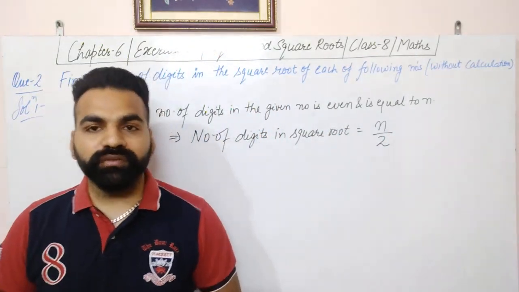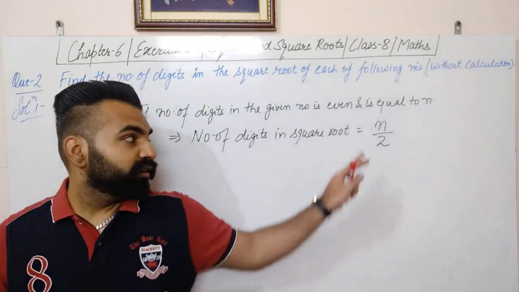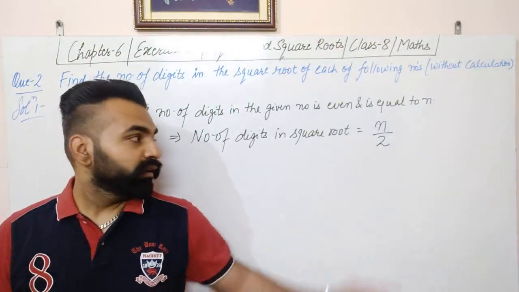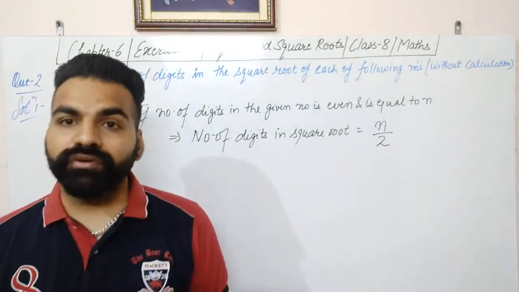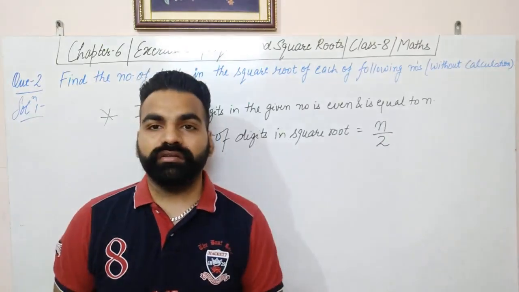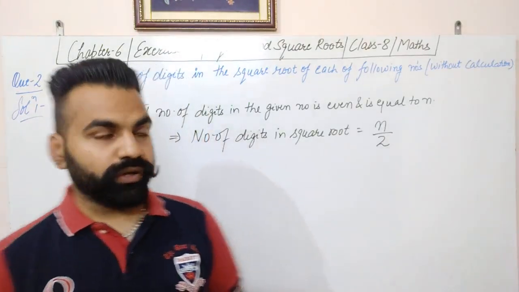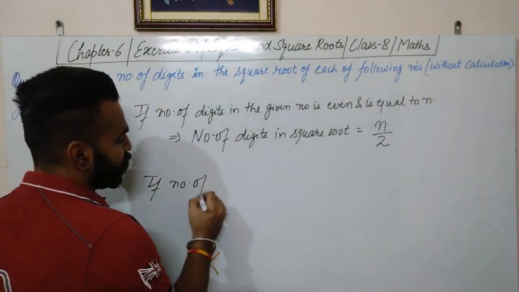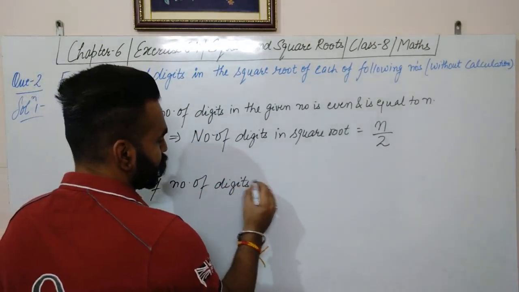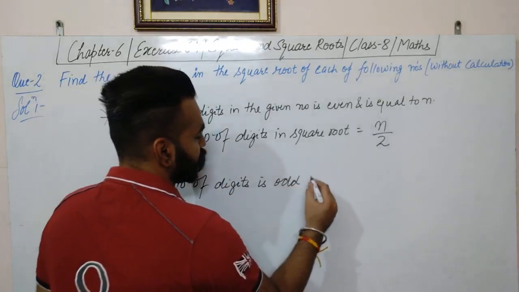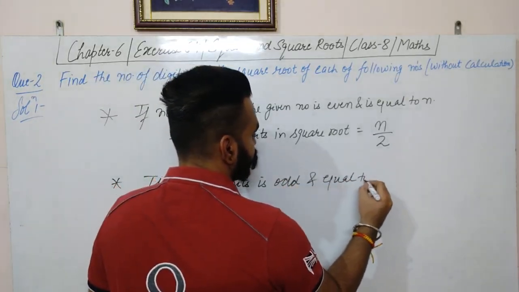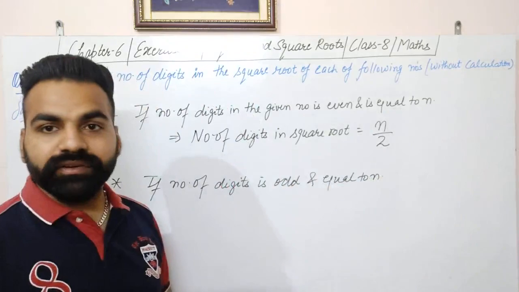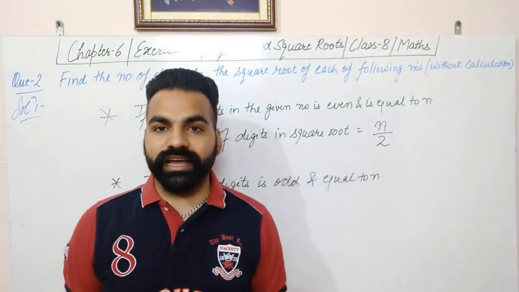So if the number of digits in the given number is even, we will directly take half of n, and this will be equal to the number of digits in the square root. If n is odd, if the number of digits is odd and equal to n. So if n is even, then the number of digits in the square root is n by 2.